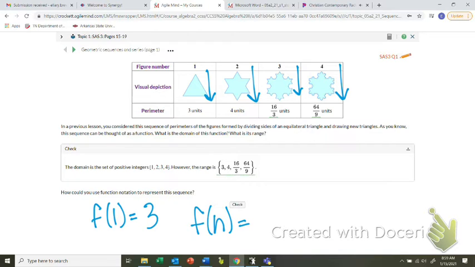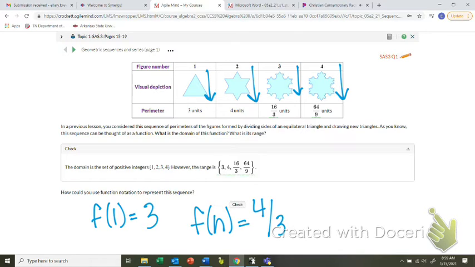Was it arithmetic or was it geometric? It was geometric because we have a common ratio, or it also can be called a constant what? Multiplication. Okay, we multiply by the same thing. Now, what did we write down when we started? What was that common ratio? It was 4 over 3.